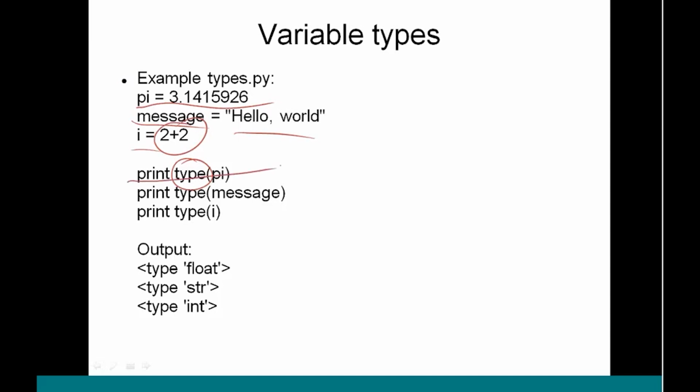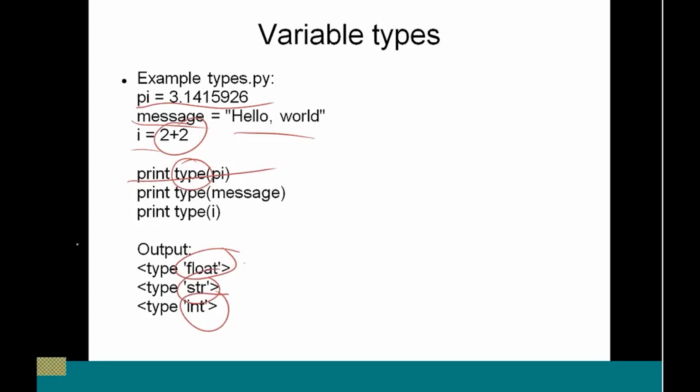Now if you ask Python to print the type of pi, type of message, and type of I, you get these outputs. The first one is a floating point number, the second one is a string, and the third one is an integer. So it does recognize all the types. It's intelligent enough to figure out how to apply those types, and also when to apply what type. That's a very powerful concept.